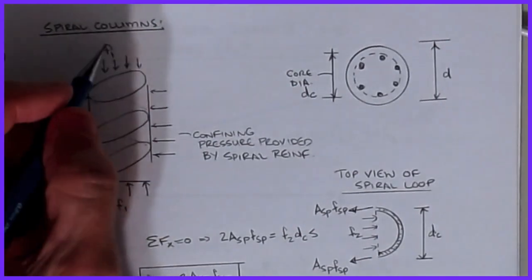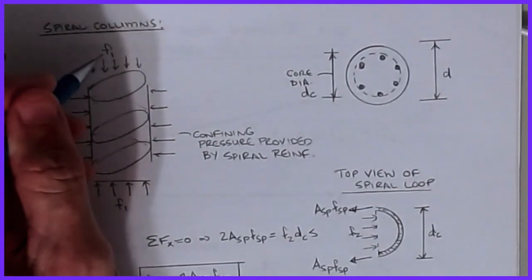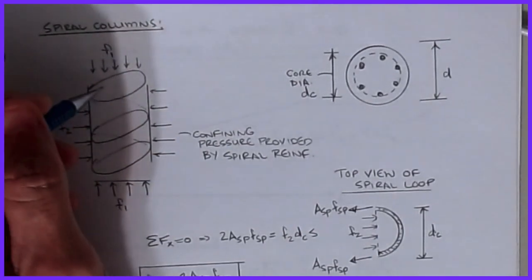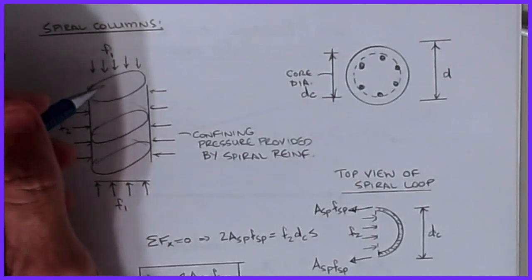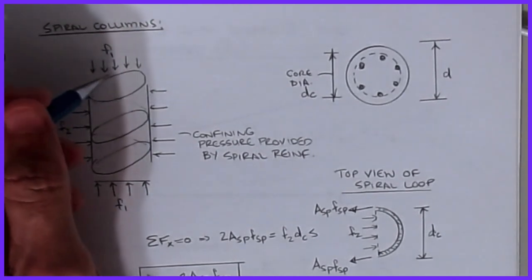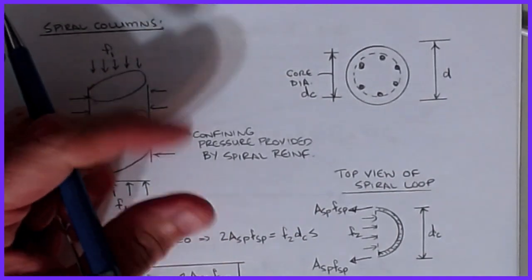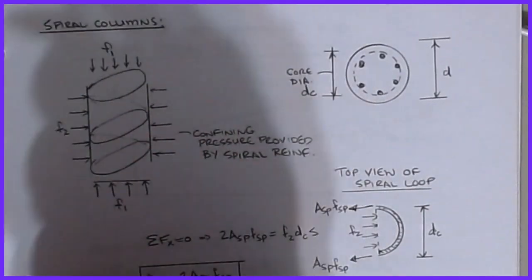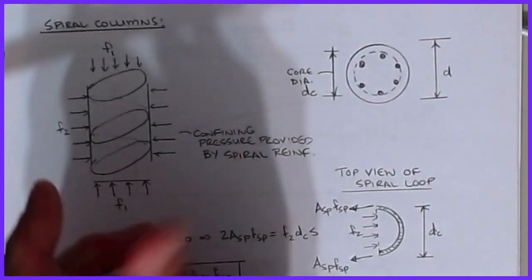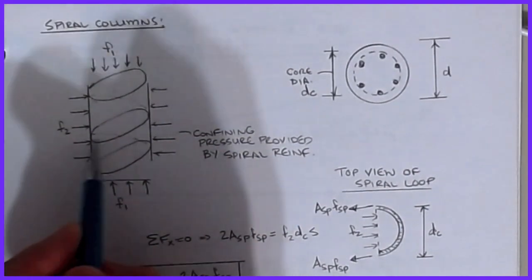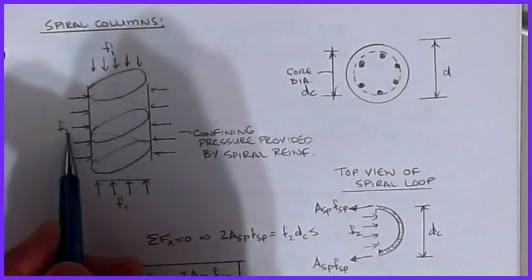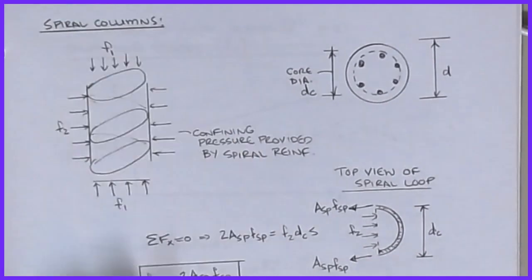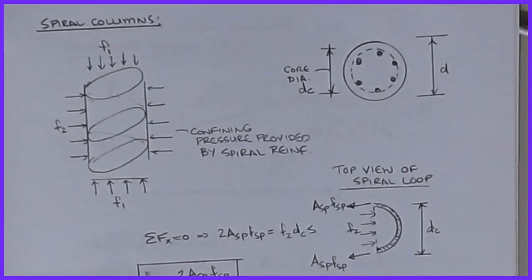In a column I'm applying a stress F1 acting down this way. Poisson's ratio says that if I take a column and squeeze it this way, the lateral dimension wants to open up in response. It's that opening that pulls on this confining steel, which creates a confining pressure that we're going to call F2, for a particular face like that.